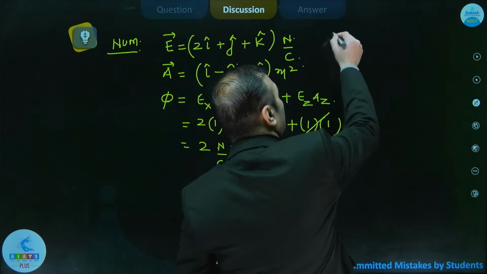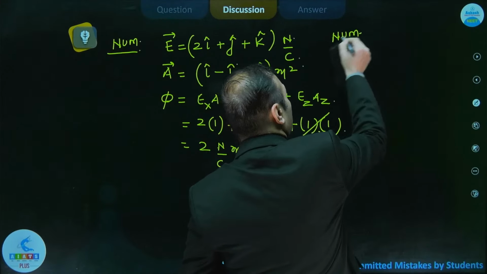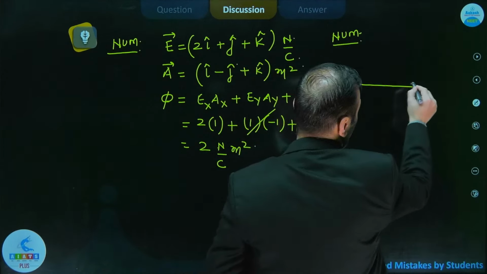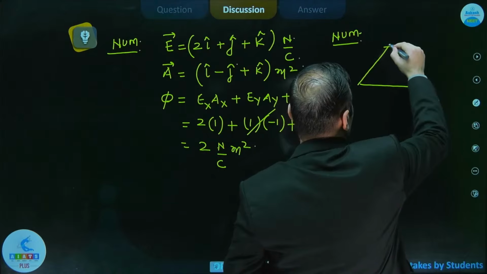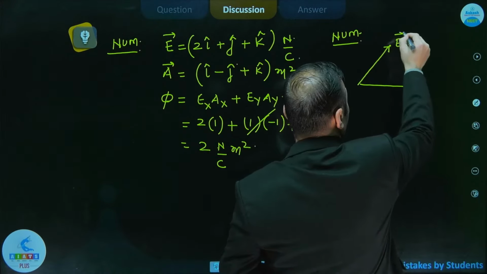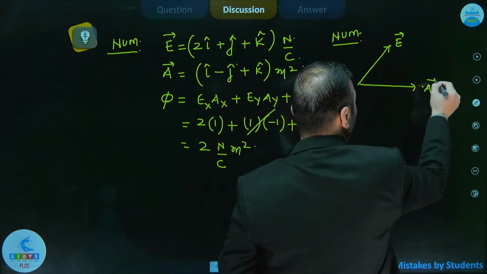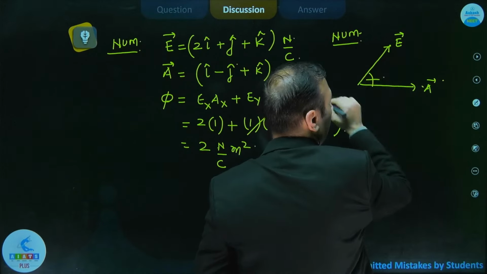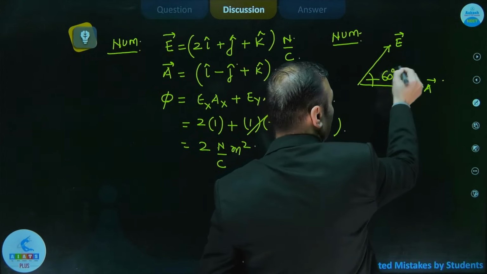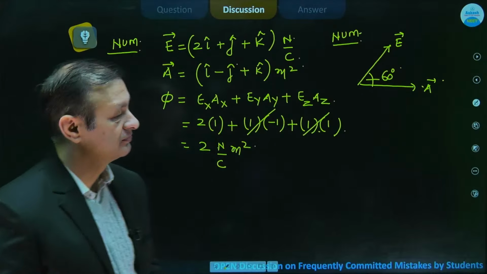Now let's suppose you have two vectors, and they are inclined at 60 degrees to each other.